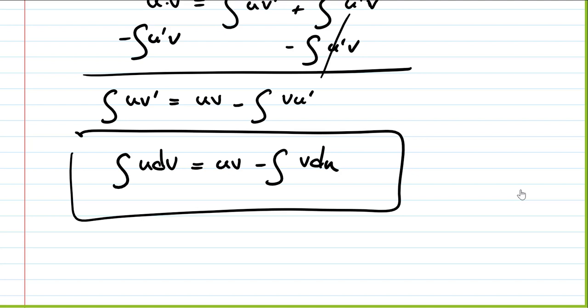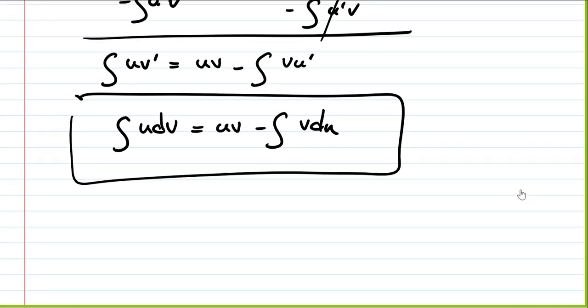So the big idea is we want to calculate the integral of v du, which would mean we have to know how to integrate du when it comes to using this.